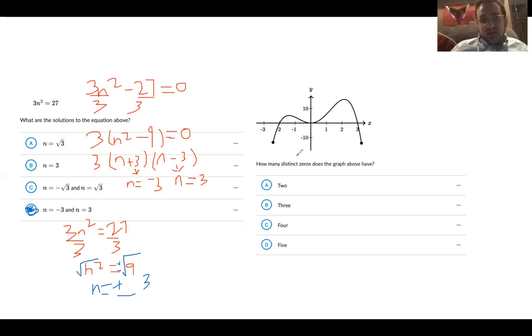Now, here's a graphical example of a solutions, roots, zeros question. A lot of people might look at this question and get confused about what it's asking, but zeros just simply means x-intercepts. We could look at this graph, and this is not even a linear equation. It's a curvy, 4th degree function.